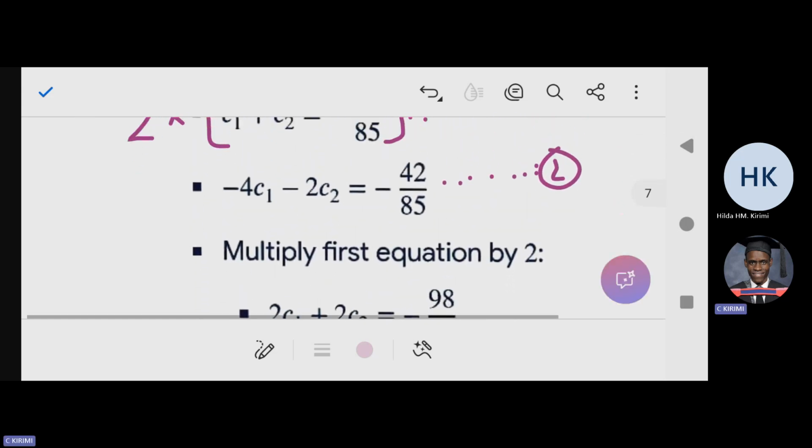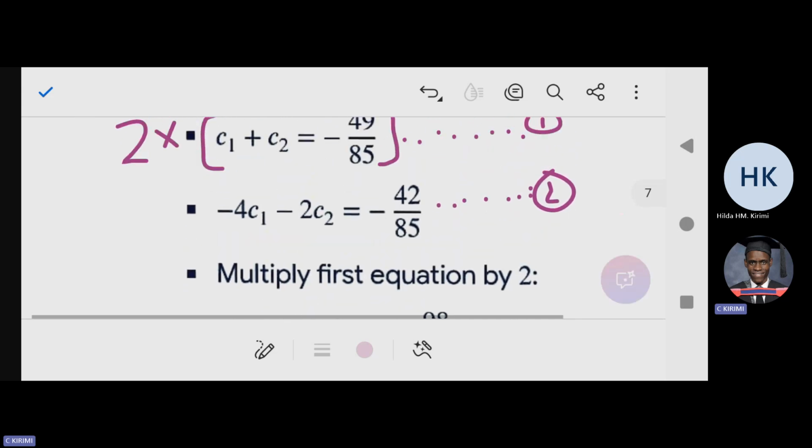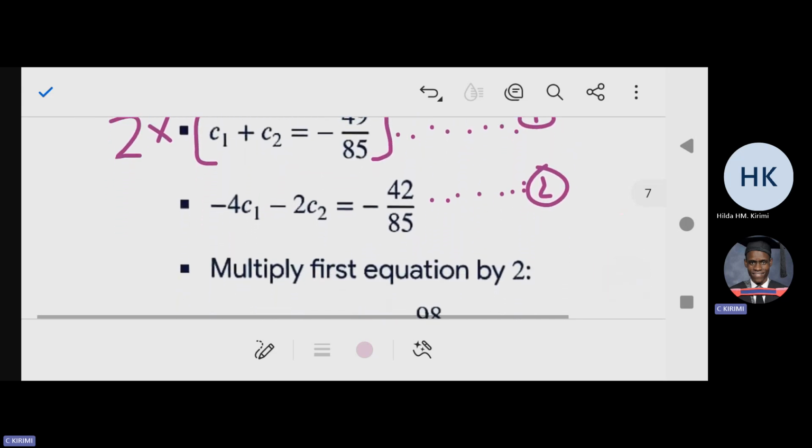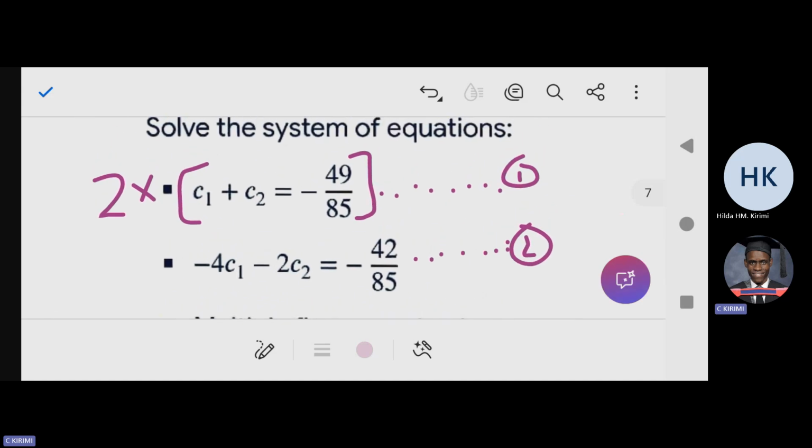Once you multiply the first equation times 2, you get 2C1 plus 2C2 equals 49 over 85. When you multiply by 2, you don't also multiply the denominator. Remember your fractions? For 49, only multiply the numerator times 2.